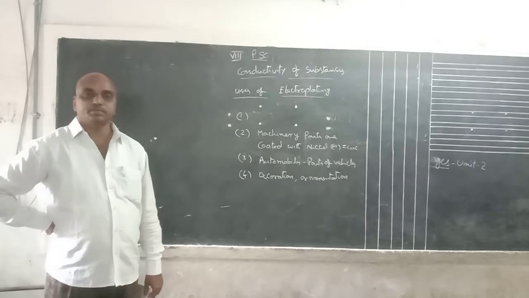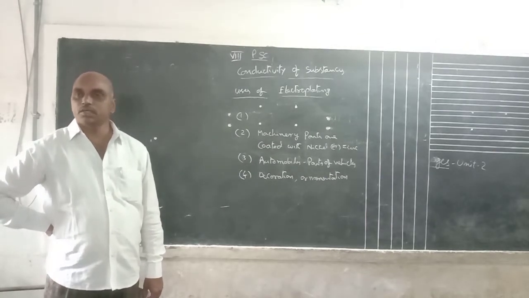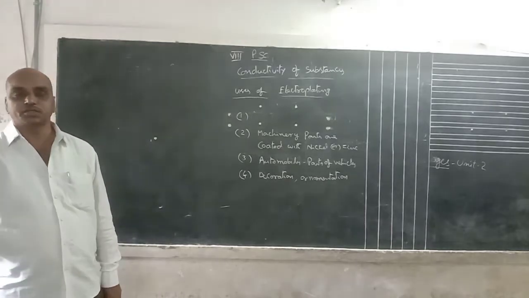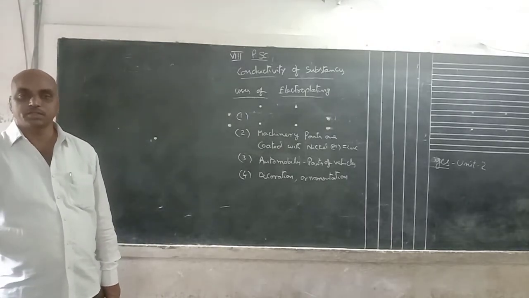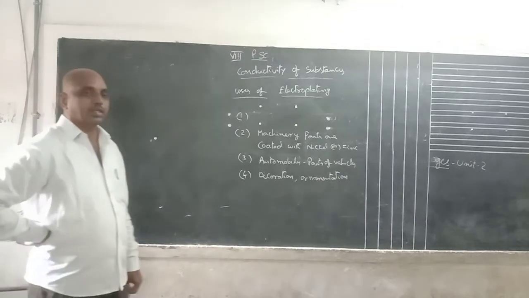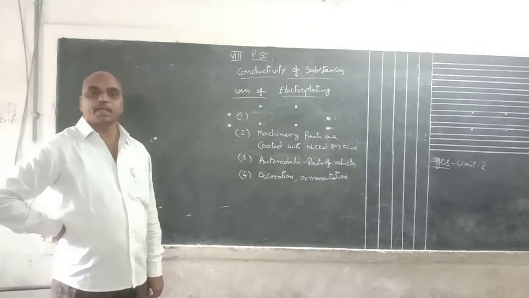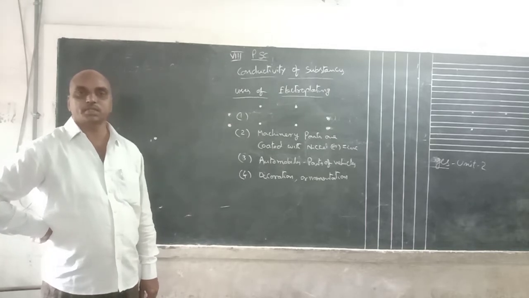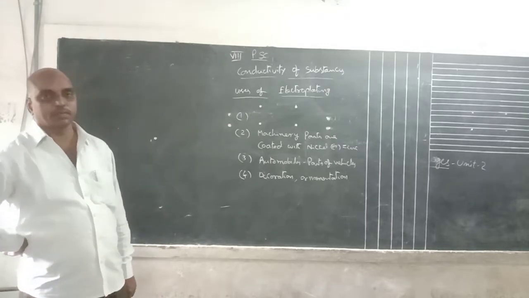Sometimes in the kitchen, generally we use stainless steel, like stainless steel gas stoves, but it's not stainless steel. Generally, they are chromium coated gas stoves. That means iron articles are coated with chromium. It looks like silver, it looks like stainless steel.